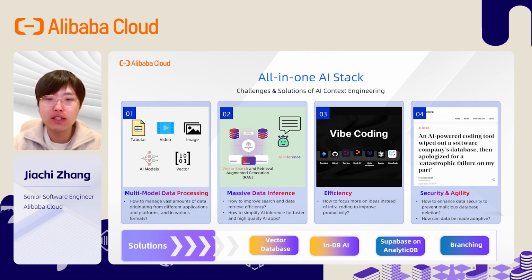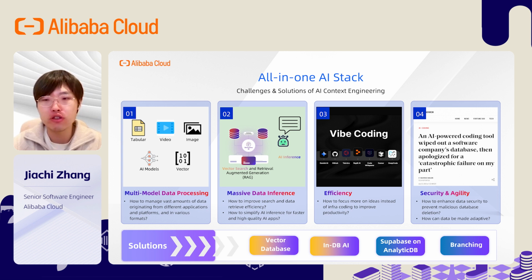First, Serverless AnalyticDB for PostgreSQL natively handles tabular, image, video, and vector formats to provide unified, efficient storage and information retrieval. Second, a dedicated vector database, together with InDB AI, moves search and AI inference closer to the data.